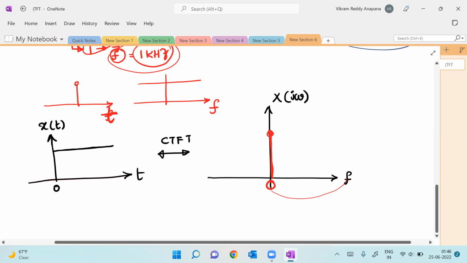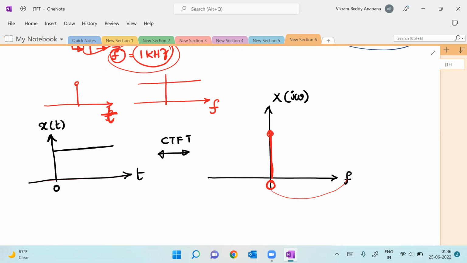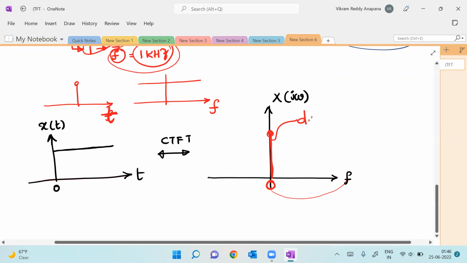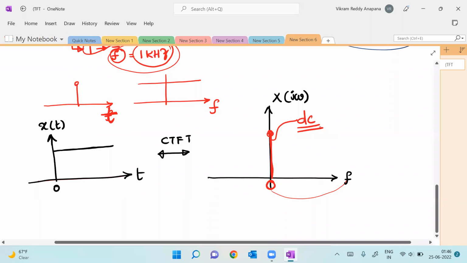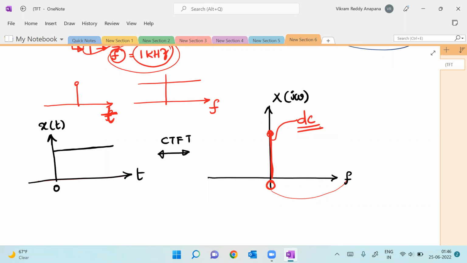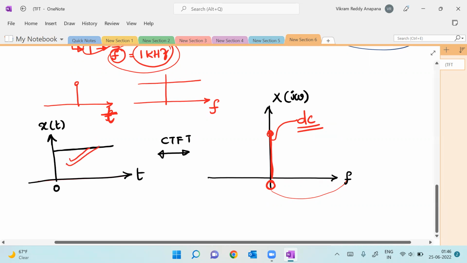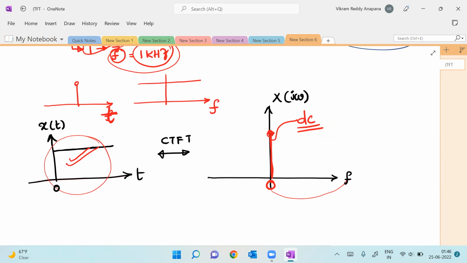So when there is no frequency component but still you're seeing a spike, this indicates that this quantity is your DC quantity. You can say it's an average value, otherwise it's simply DC. You can call this the 0 Hz component in the frequency domain, because of the DC signal in your time domain. So a constant function like this in the time domain will not have any frequency component.